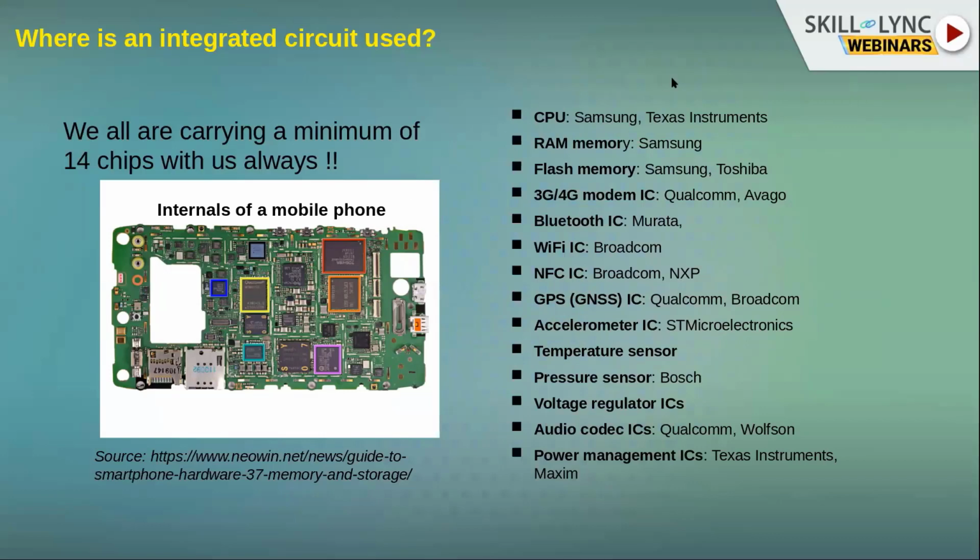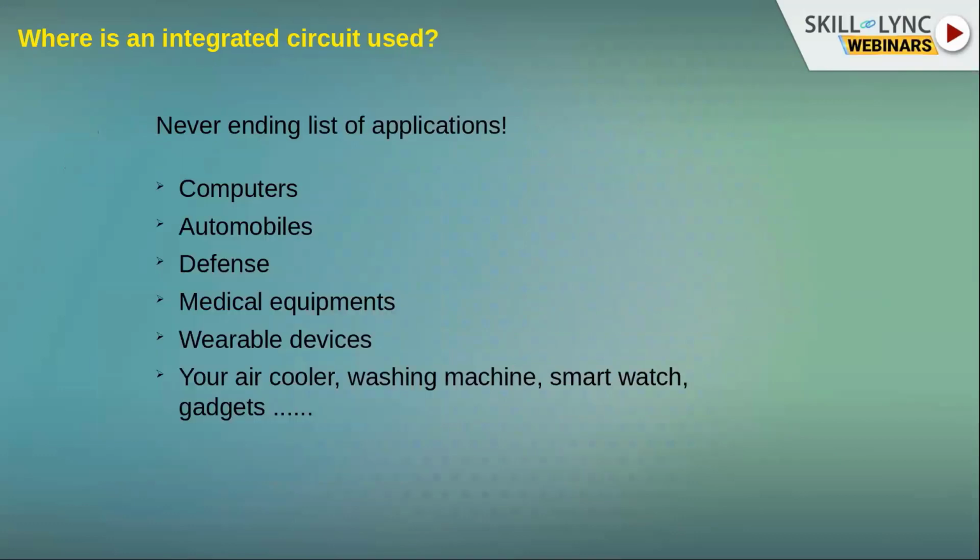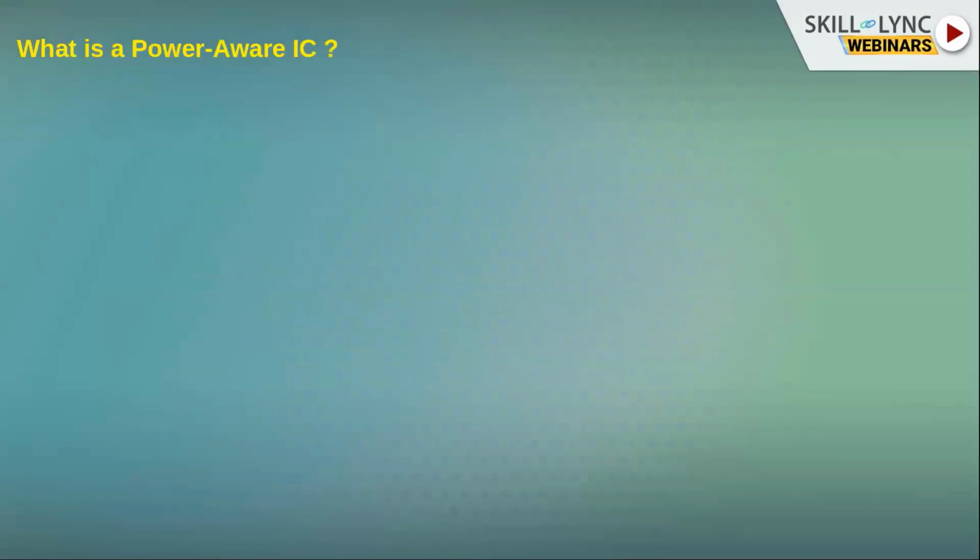All this work is done by separate ICs, which have different working techniques and different kinds of circuits inside them. It's everywhere: in your computers, automobiles, defense, and even your air cooler, washing machine, and smartwatch consist of so many different ICs, whatever you can think of.